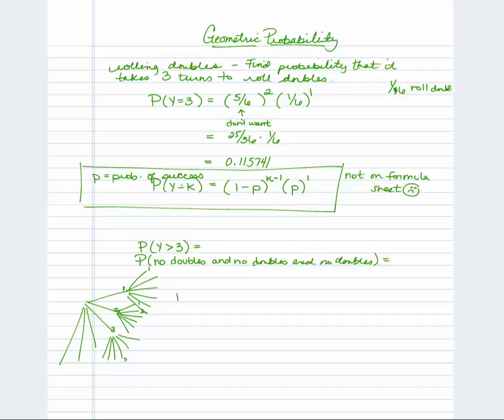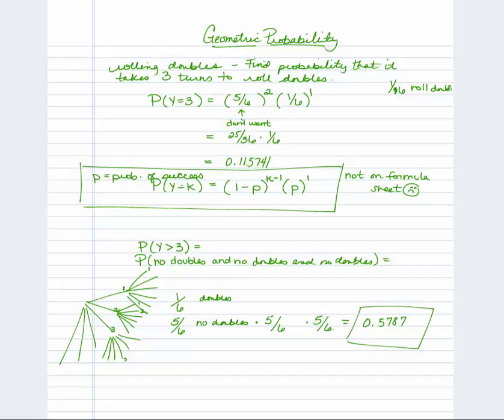So there is a 1/6 chance of rolling doubles, which means there's a 5/6 chance of not rolling doubles. No doubles, and no doubles again, and no doubles again gives you the probability of rolling no doubles the first time, the second time, and the third time. The probability is actually quite high of that happening.